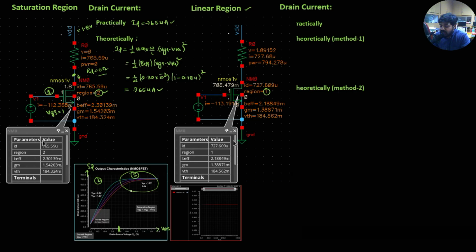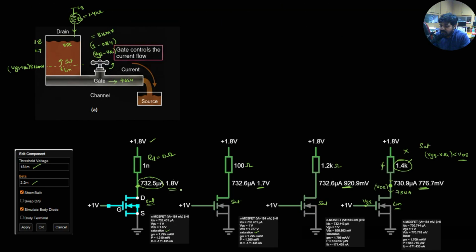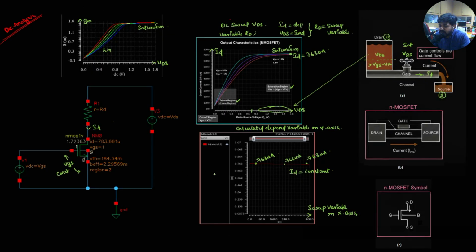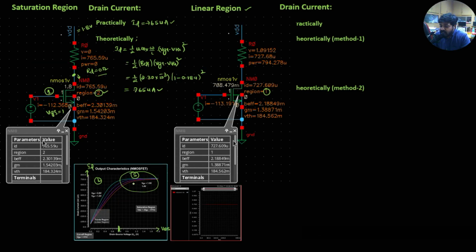And I can observe from the waveforms that in the saturation region, whether the RD value is 100 ohms, 200 ohms, 300 ohms, whatever RD you keep, if I change RD, the current flow should change. But what happens is the current flow stays at the same level, around 765 microamperes.